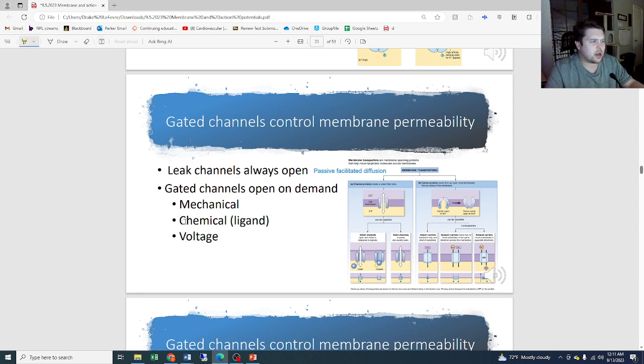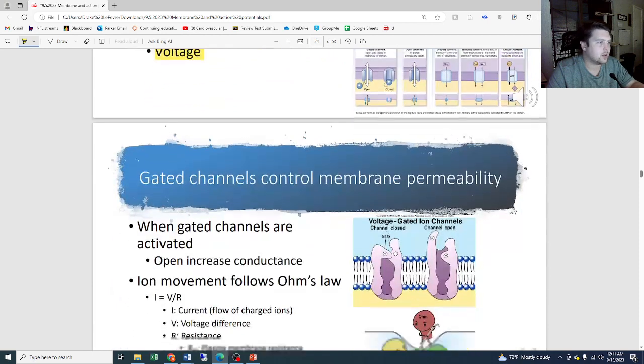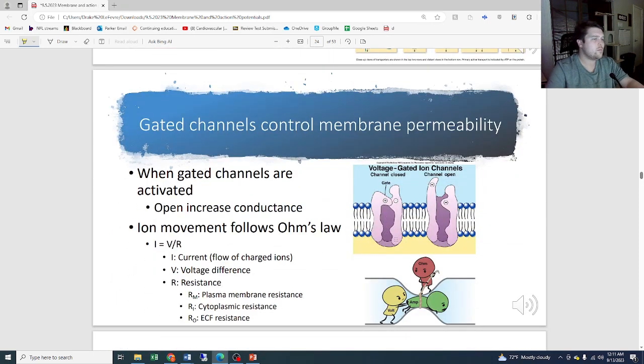A lot of what we'll talk about is chemical and voltage. We'll throw in a little bit of mechanical, but most of what we talk about here, especially in the beginning, are the chemical channels and the voltage-gated channels. Okay? So when the gated channels are activated, open, it increases conductance.